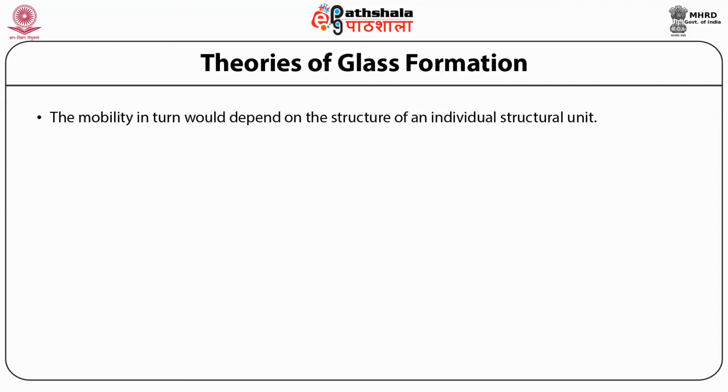So if this unit is an atom, the mobility is high and crystallization can occur easily. In this case, a very high cooling rate would be required to form the glass.